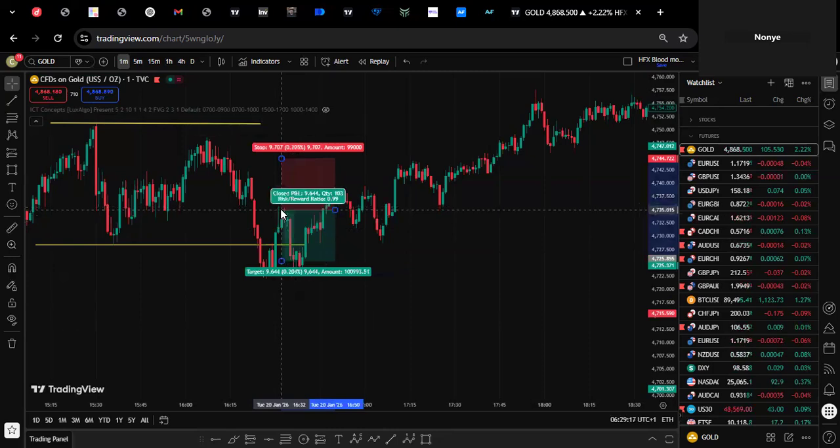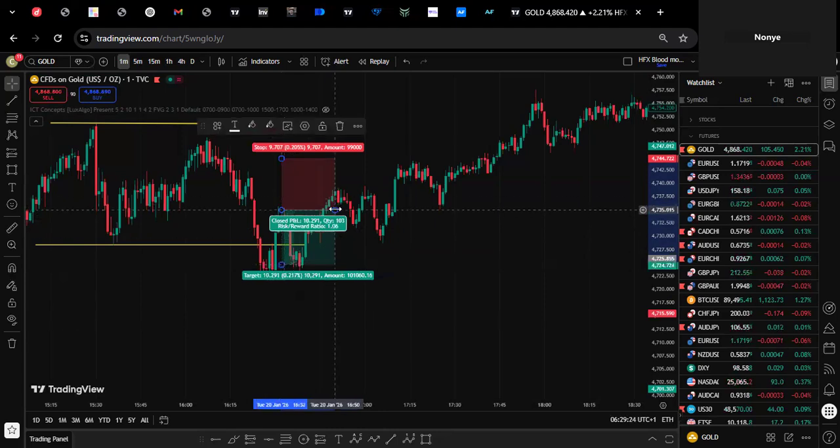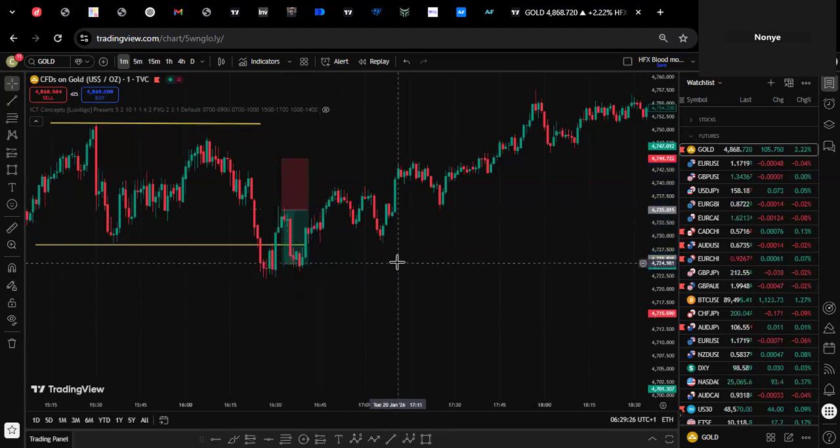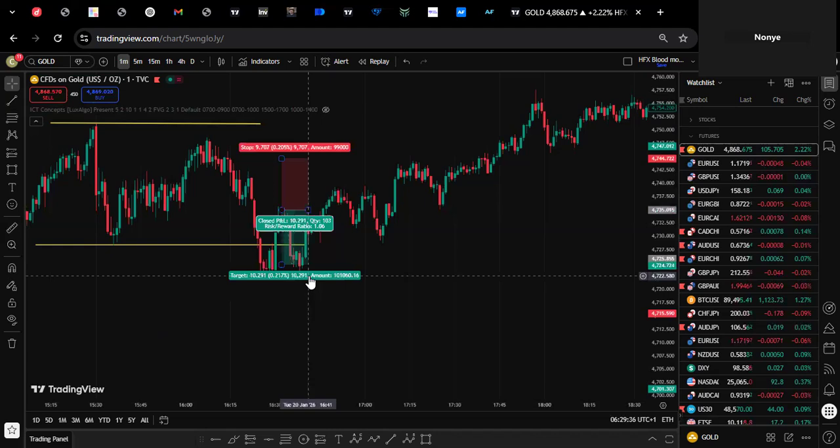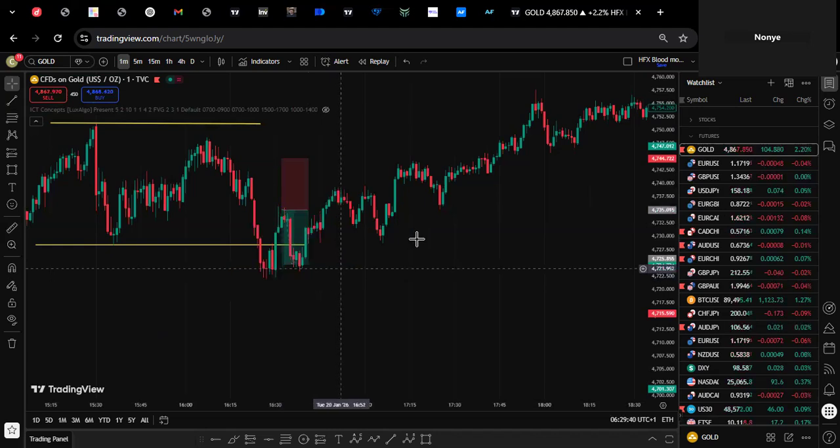So within how many minutes did the market hit your 10 pips and start going your way? You can see that within 6 minutes, on this 1 minute time frame, market hit your TP. Boom, and you're out. Right? And that's just it.